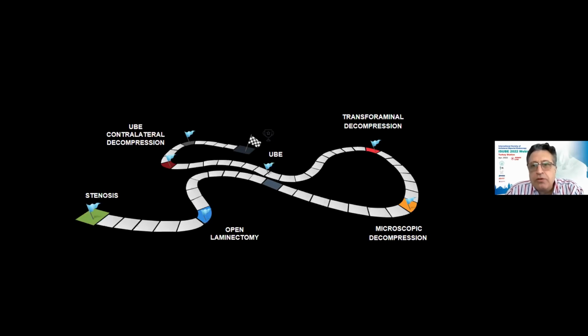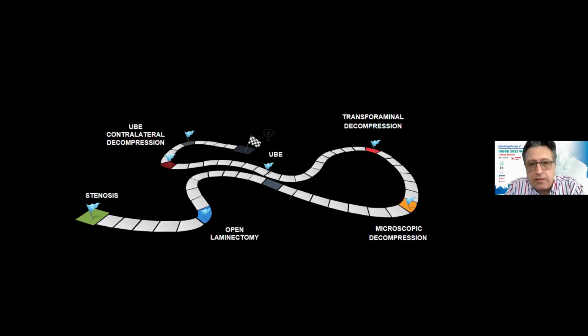And probably like many other surgeons here, my knowledge of endoscopic spine surgery started with the transforaminal surgery, transforaminal decompression. And I had a time when I really believed that I could do everything with the transforaminal way. Not only disc herniation, but foraminal stenosis and others.